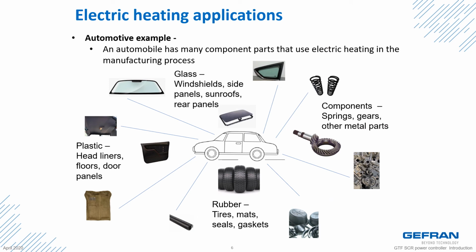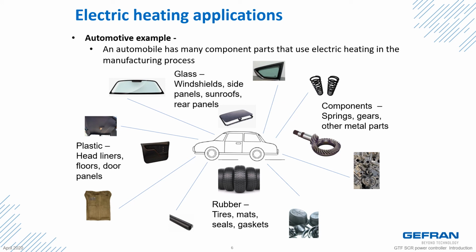Now let's look at an electric heating application example. This is an automotive example. An automobile is made up of many components, and several of these components utilize electric heating in their manufacturing processes. For example, glass, windshields, side panels, sunroofs, rear panels, all use electric heating in their manufacturing process.